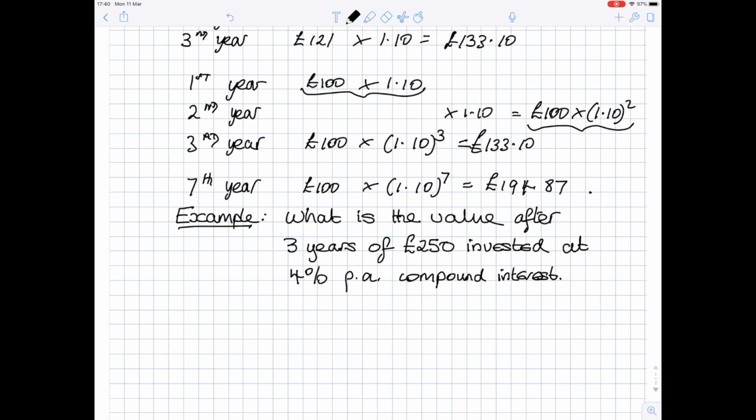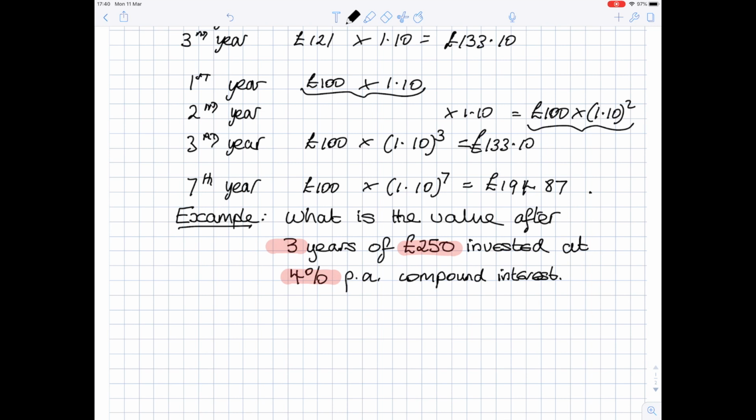What is the value after 3 years of £250 invested at 4% per annum compound interest? So the initial amount we're starting with is the £250 and the interest rate is 4% every year and it's being invested for 3 years. So the first thing you need to do is work out what we're going to multiply by.